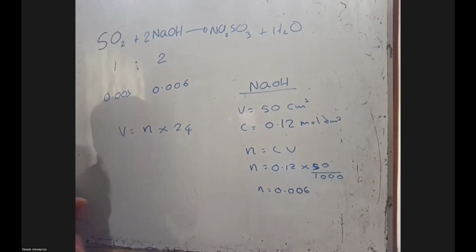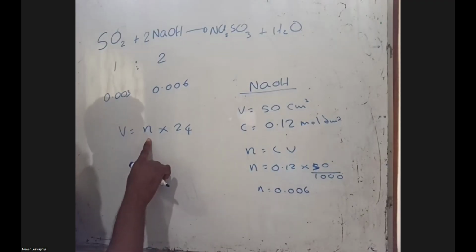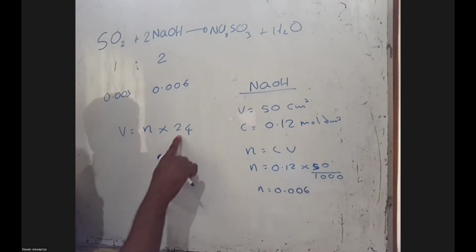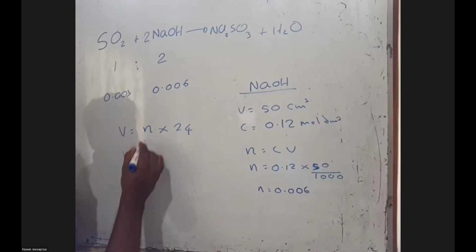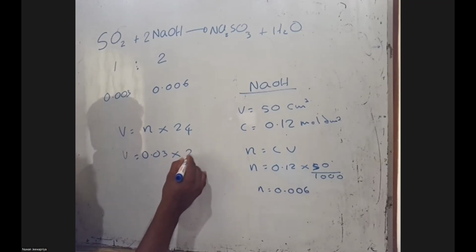This equation is used for gaseous samples to find the volume from the number of moles. To find the volume, moles should be multiplied by 24. The number of moles is 0.003, and the molar volume is 24.